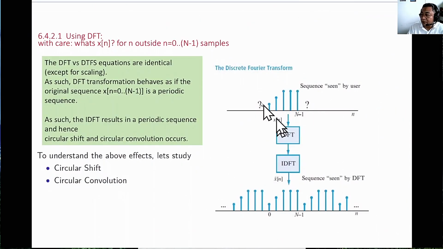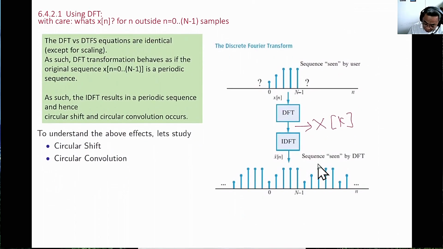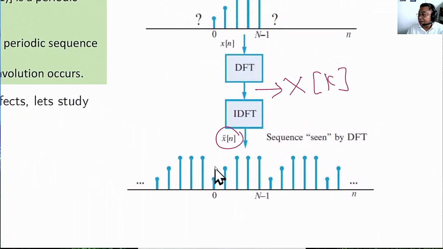And maybe I draw for you another diagram to show this. The original sequence is this. I've windowed it. I've only taken N samples. Outside, because I've windowed it, I do not know what's happening. I perform the DFT. What do I get here? I get Xk here. And once I get Xk, I can perform inverse DFT. And then what do I get? In fact, I get x with a little tilde on top to say that it is repeating, because this is exactly the inverse DTFS representation, right?